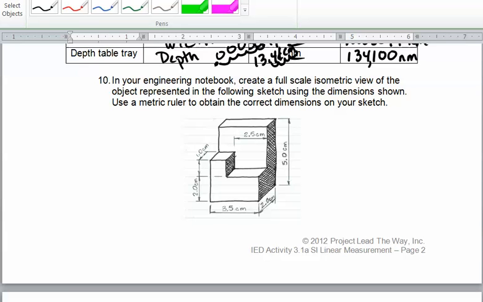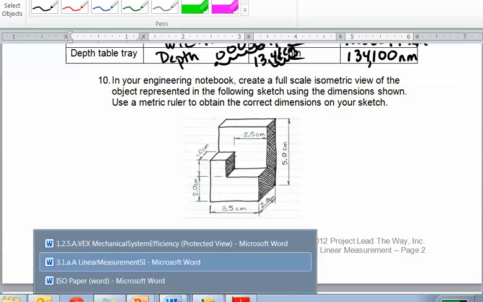Number 10. In your notebook, create a full-scale isometric view of the object represented in the following sketch using the dimensions shown. Use a metric ruler to obtain the correct dimensions on your sketch. I've been working on this.